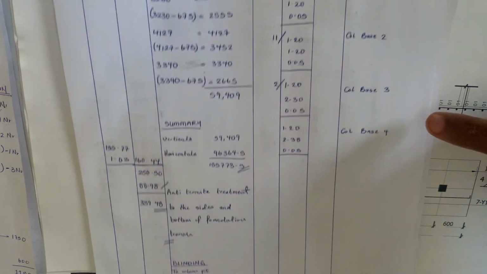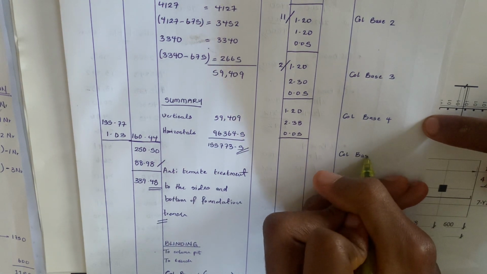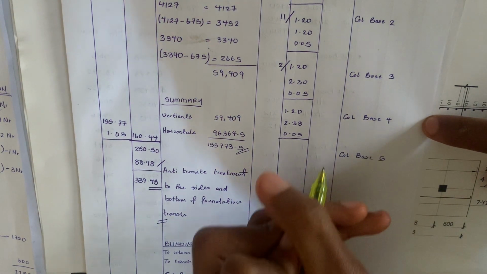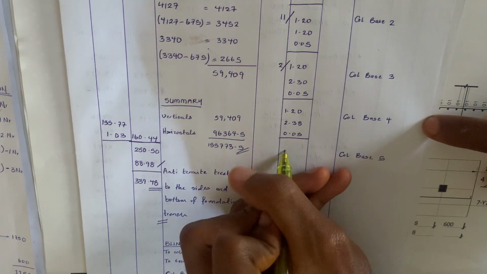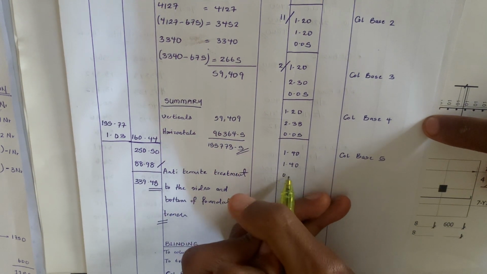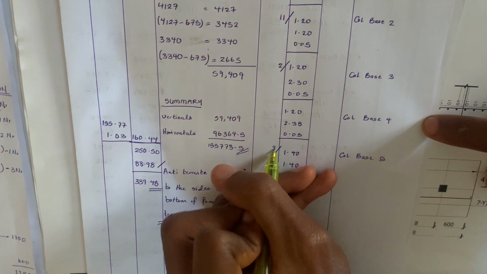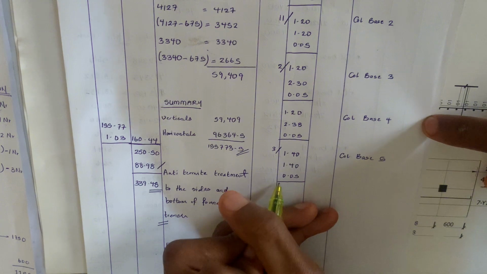So we close. The last one is column base 5. Column base 5 will be 1.40 by 1.40 by 0.05 and there are how many in number? 3 in number. So close.